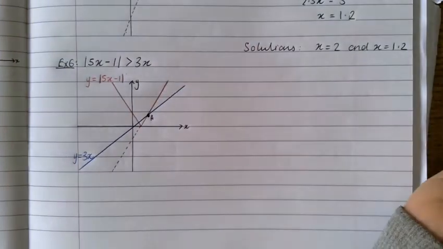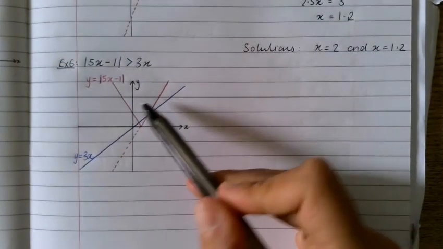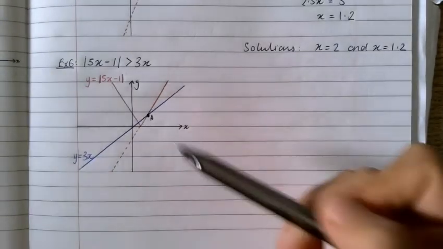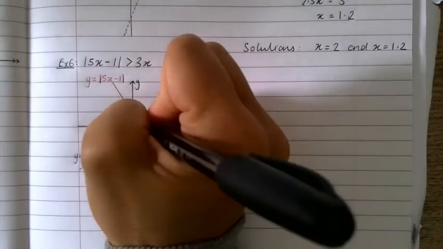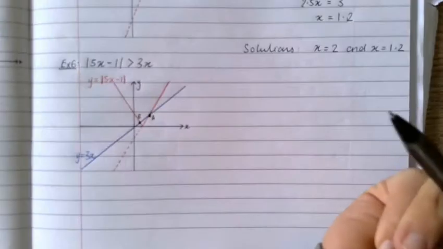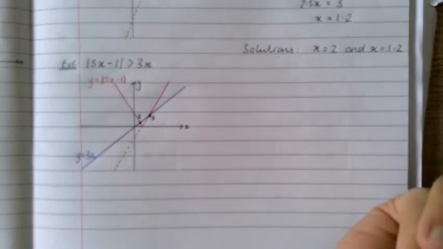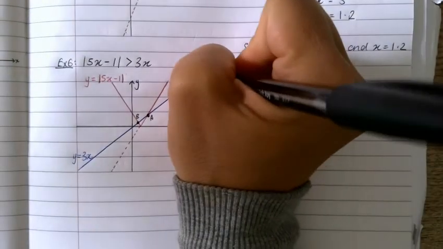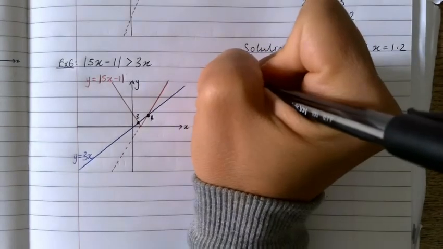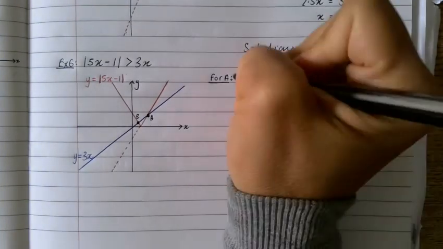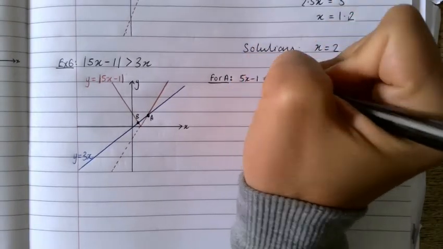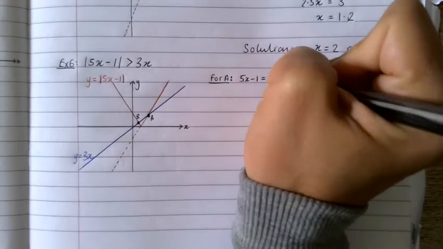So my first intersection point, in the non-reflected part of the modulus function, I'll call A. And then my second intersection point here in the bit that has been reflected, I'll call B. So to find these intersection points, we will consider what's happening at A and at B. So at A, we just have the standard plot of 5x minus 1 intersecting with the plot of 3x.